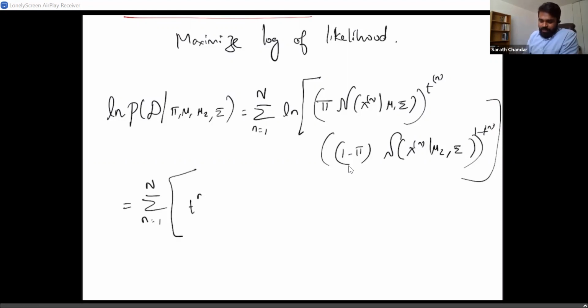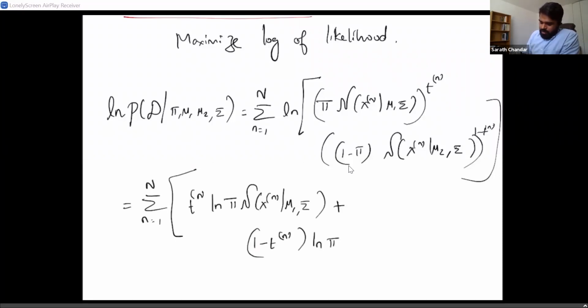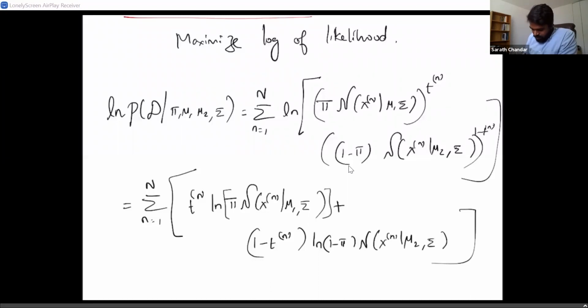The first term is tn ln of pi times the normal distribution, plus 1 minus tn ln of 1 minus pi times the Gaussian. Is that clear? Maybe just to make things clear, I will put the whole bracket for the log. So now this is my log probability.